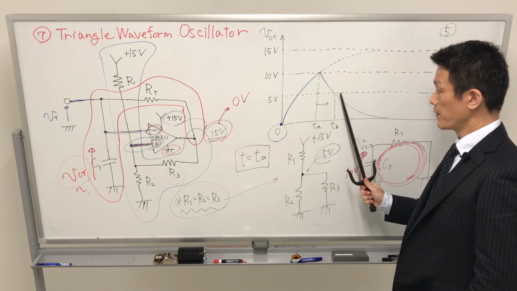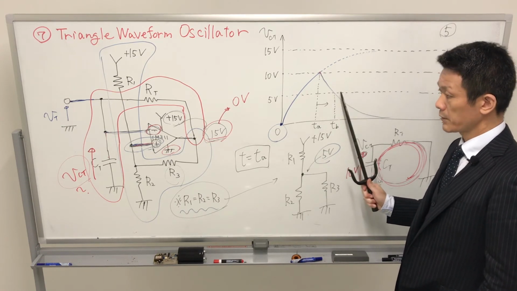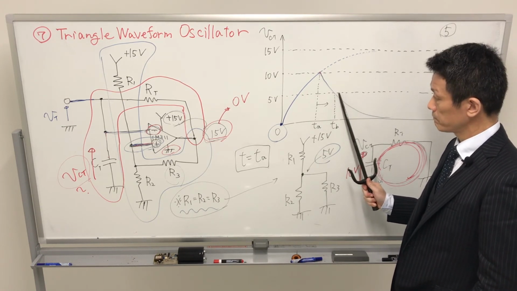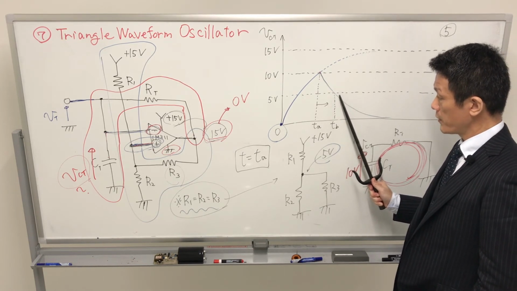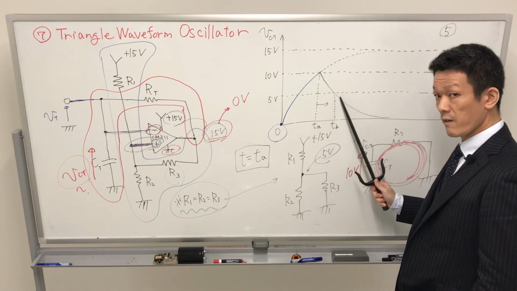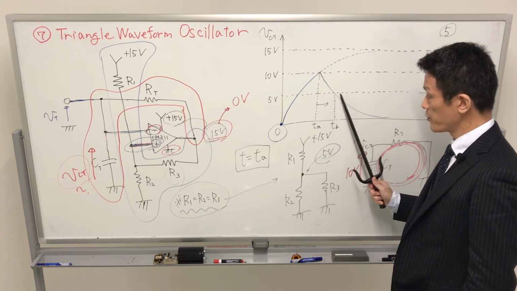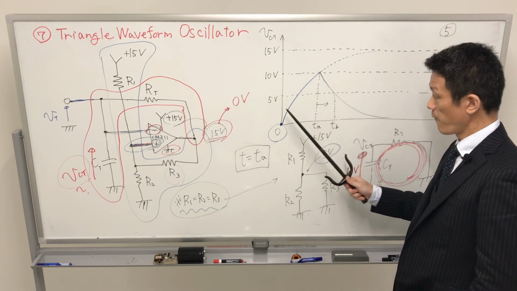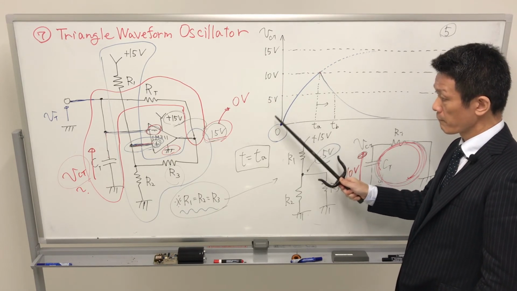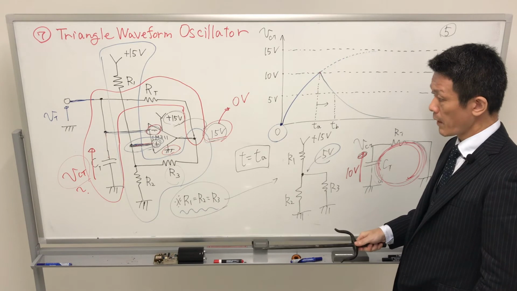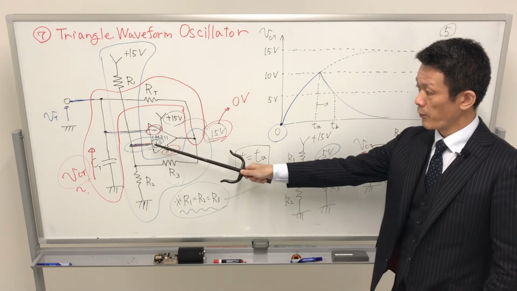After TB, this VCT is lower. The value of VCT is lower than the 5 voltage. The reference voltage is the 5 voltage.